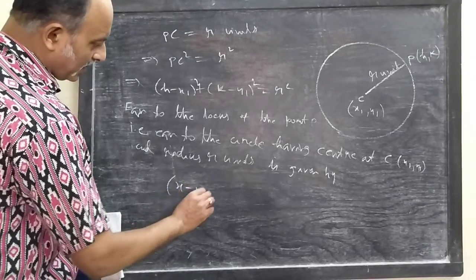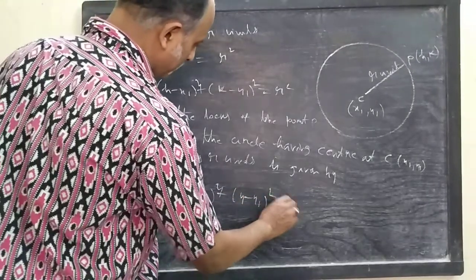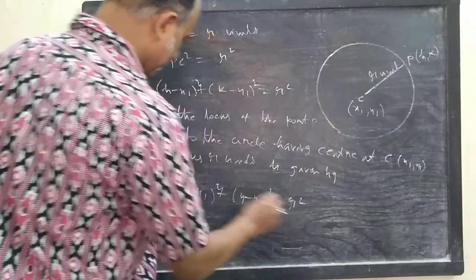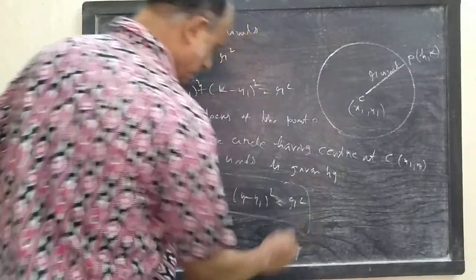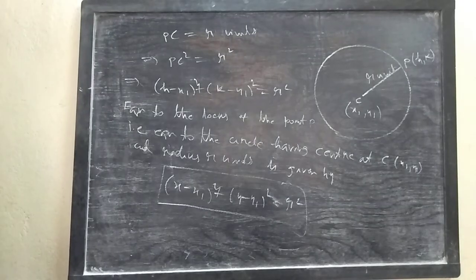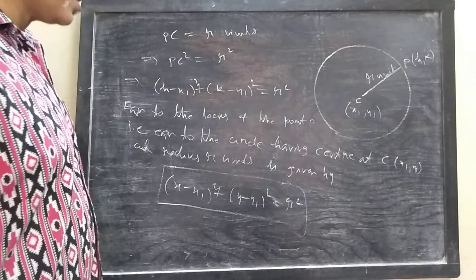So we get (x minus x1) whole square plus (y minus y1) whole square equals r square. This is the equation of circle having center at the point (x1, y1) and radius r units.